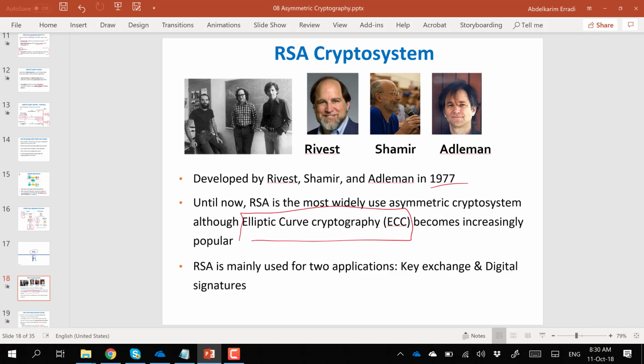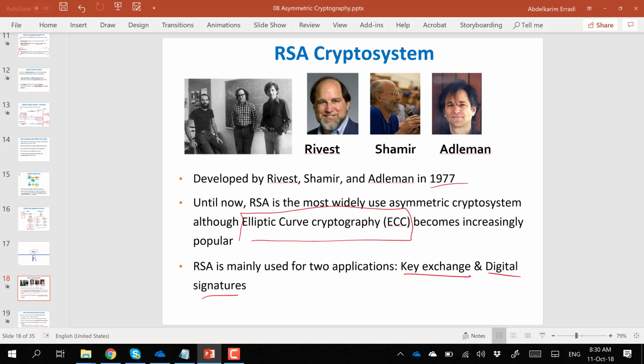We're not covering this in this course, but just for your information. And as we discussed, because this is an asymmetric cryptography algorithm, it is mainly used for key exchange and digital signature, not for encrypting and decrypting, because it is slow relative to symmetric.